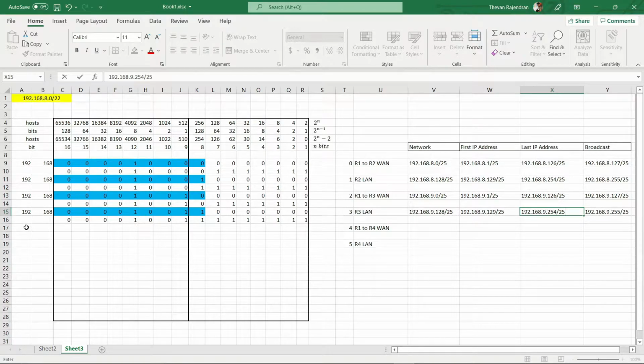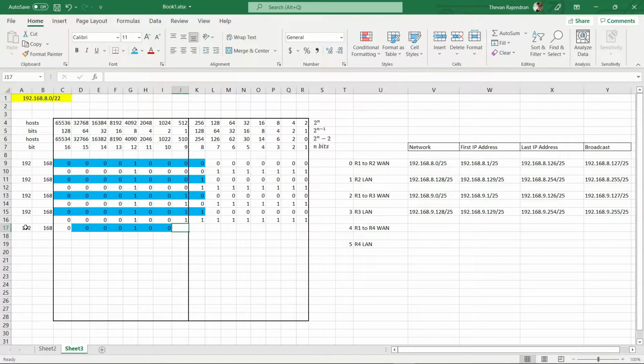And so next is the fifth subnet. And here the previous numbers are all 1, so we'll be adding the 1 in front. And it makes the network 8 plus 2, that will be 10. The rest will be remaining 0.